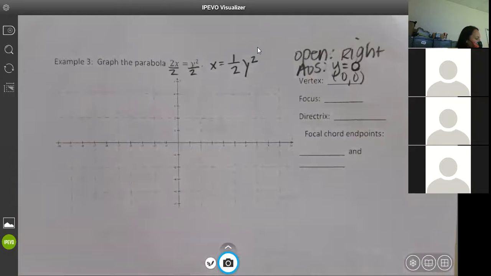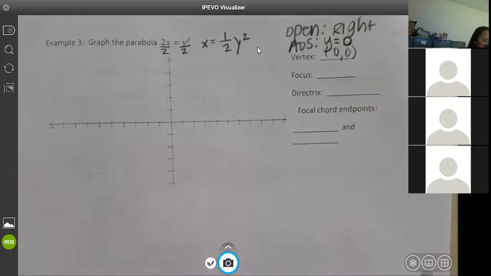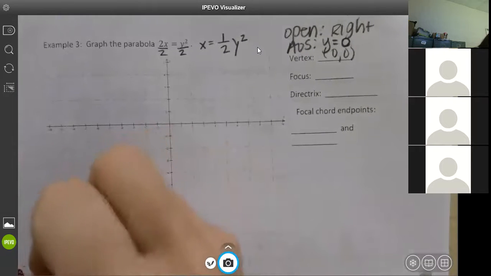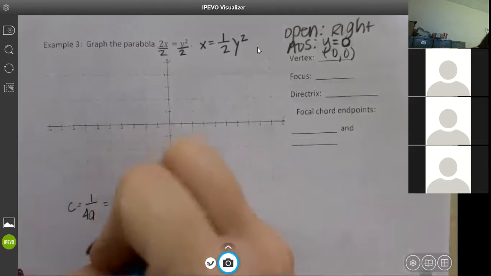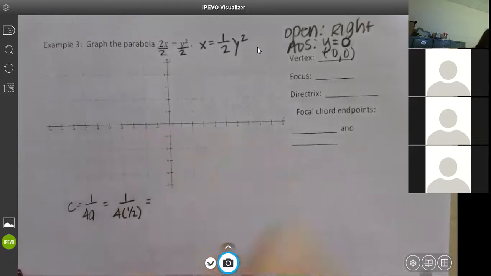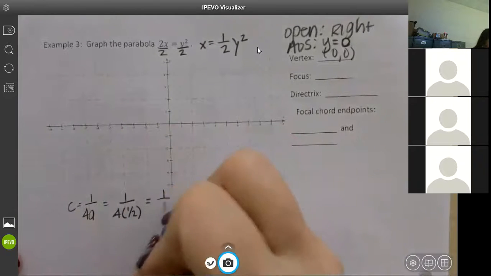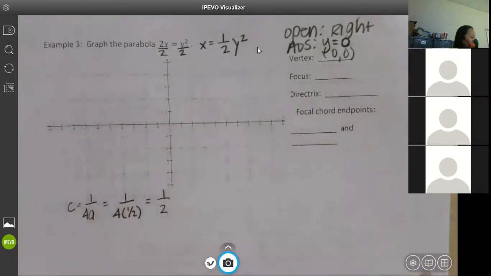How do I find my focus? 1/4A, if we're looking for C. So 4 times 1/2 on the bottom. And we get 1/2. All right, so this will be the first one that you do. That's kind of, well, it's not kind of weird.